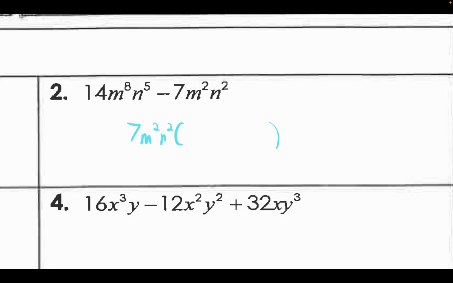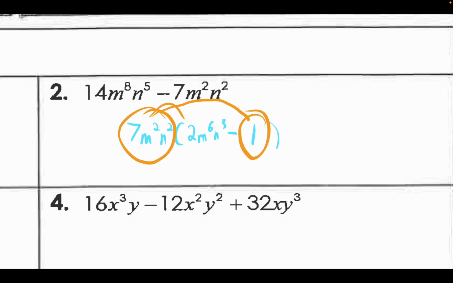So our first term becomes 2m to the 6th n to the 3rd, once again subtracting those exponents. And our second term becomes 1. You do have to write a number there. You can't just write 0 or leave it blank. That would be incorrect. Quick reminder that to check your work, you can always distribute this back in, which is how we know we'd have 7m squared n squared times a negative 1 to get that original term.